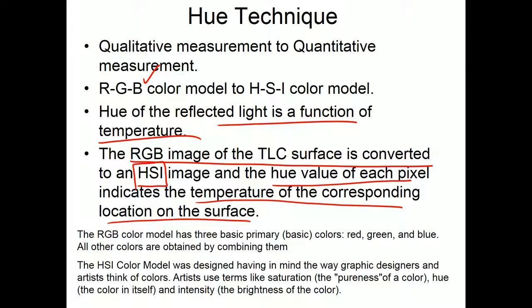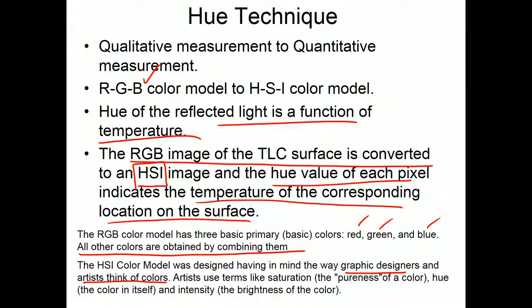RGB has 3 primary colors, red, green and blue. All other colors are obtained by mixing these colors. The HSI model was designed keeping in mind how graphic designers and artists think of color. Artists use terms like saturation, which is the pureness of a color, hue, the color itself, and intensity, the brightness of the color.